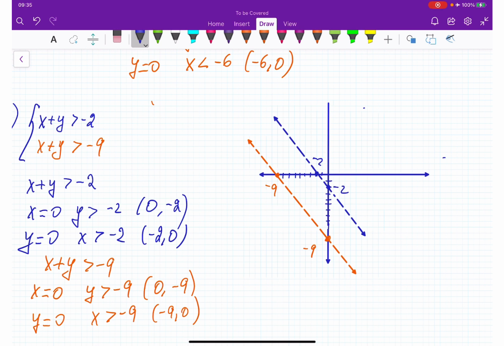So let's see what we have. So y is greater than negative 2, which means y is greater than negative 2, it comes this way, and x is greater than negative 2, comes this way. So this is going to go like this, right?